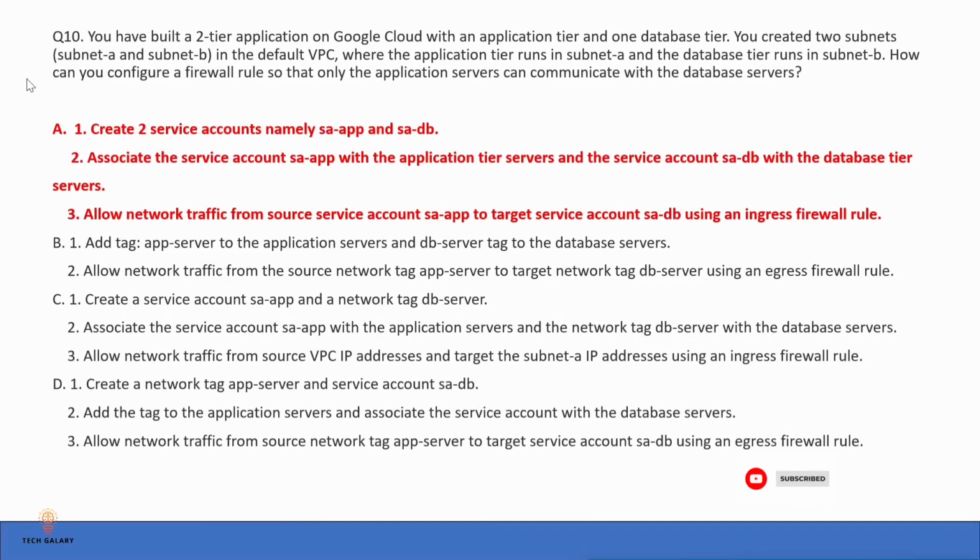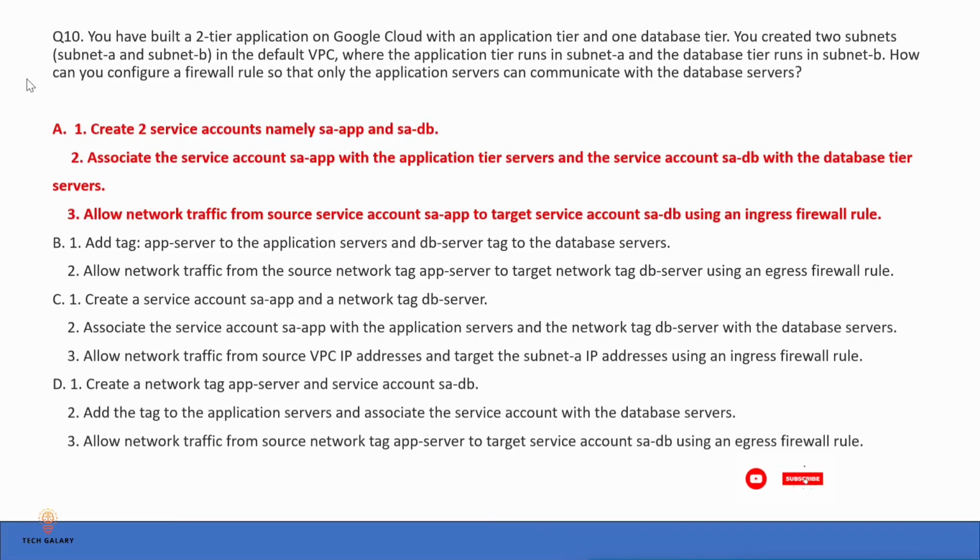Option B, add tag app-server to the application servers and db-server tag to the database servers. Allow network traffic from the source network tag app-server to target network tag db-server using an egress firewall rule.